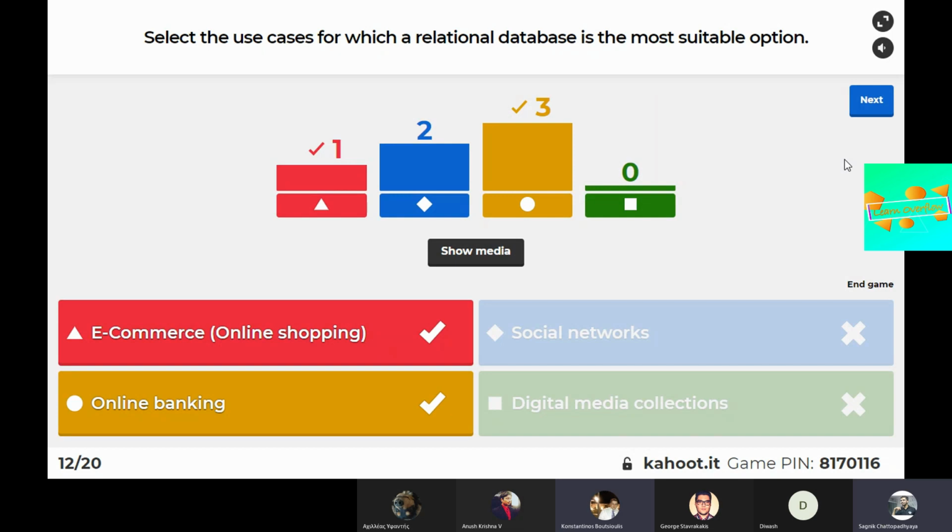It uses the transactional processing system, so it's the best use case for a relational database. It's OLTP, maybe. Yes, OLTP and OLAP, exactly.